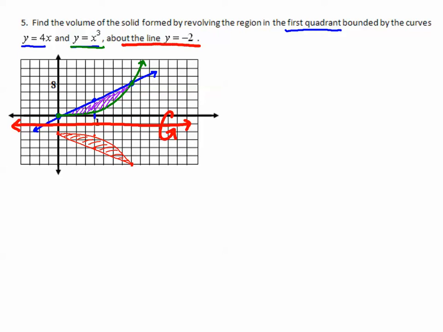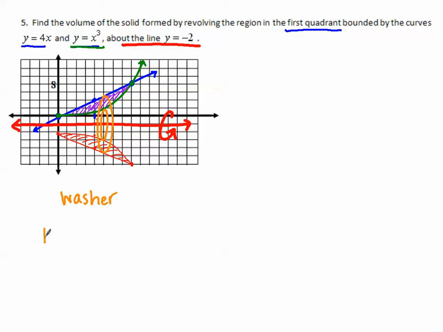Now I ask myself how to slice it. I know I'm revolving this way, and I always slice perpendicular to the axis of rotation, up and down. So that's going to create this circular slice. But notice that there's a gap in between where the axis of rotation is and where the shaded region is. So I have another circle to think about, which means I have a washer.